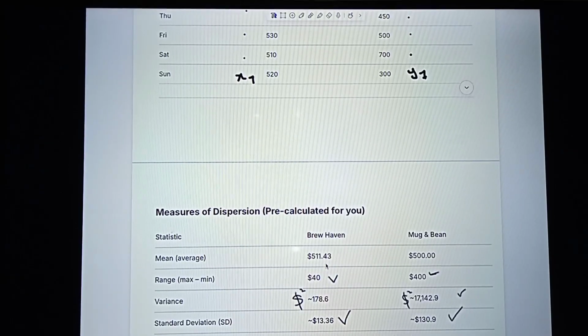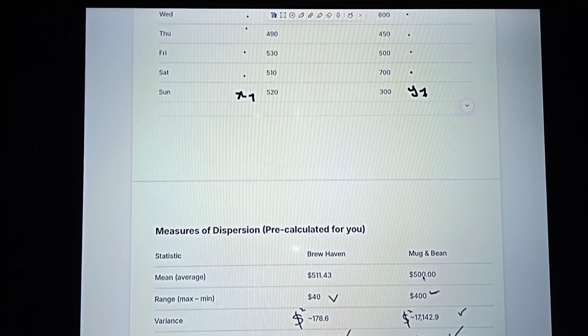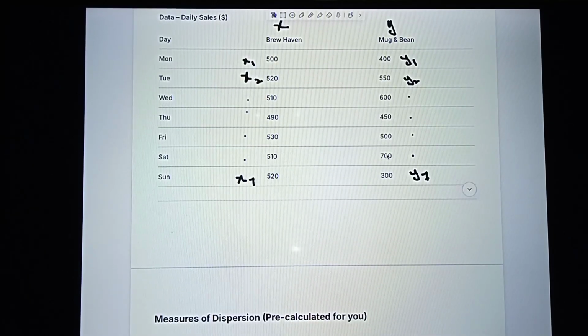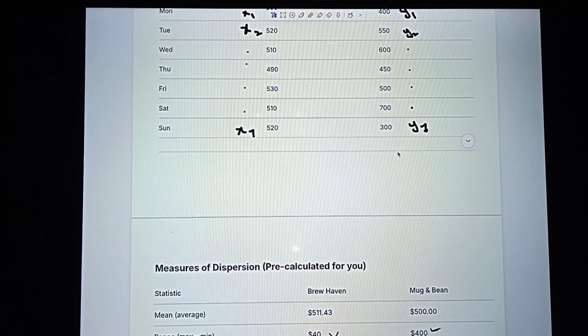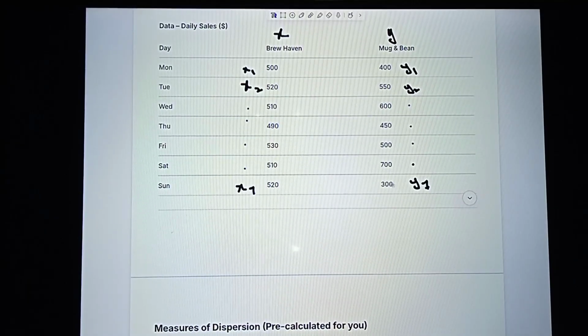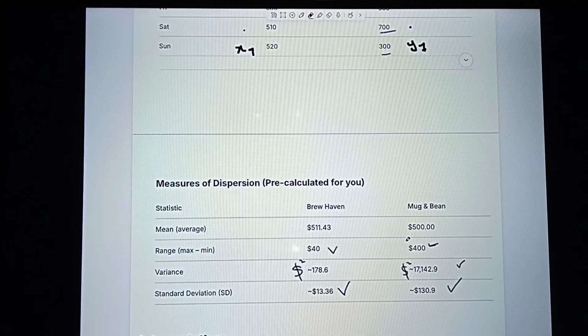Now, first is the range. This is 400 for Mug and Bean, the difference between the smallest and largest. The largest is 700, and the smallest, no sorry, is 300. So 700 minus 300, where this one is the minimum value and this one is the maximum value, gives us 400.